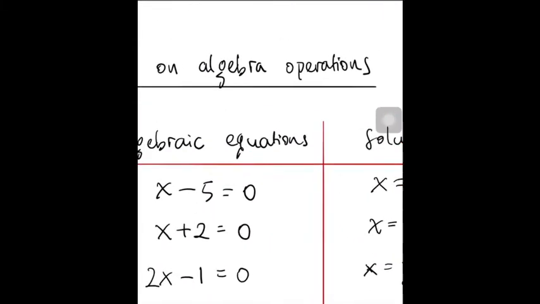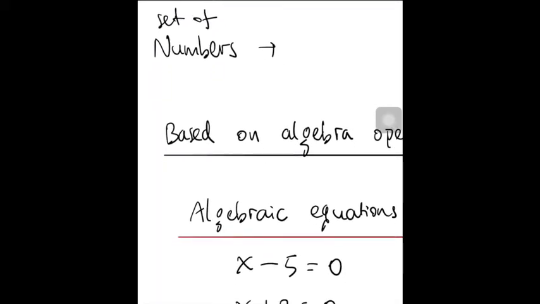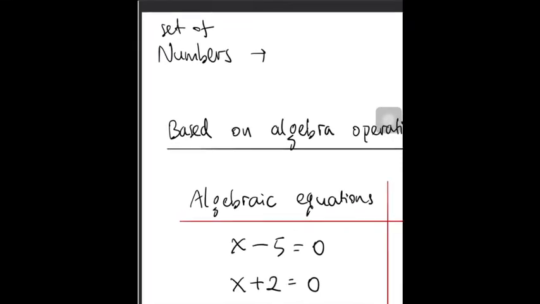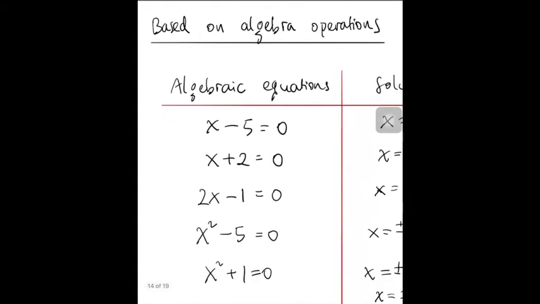So if we look back at our numbering from our algebra operations, for example here, I have a set of algebra equations: x minus 5 equals 0, x plus 2 equals 0, 2x minus 1 equals 0, x squared minus 5 equals 0, x squared plus 1 equals 0, and try to find the solutions.